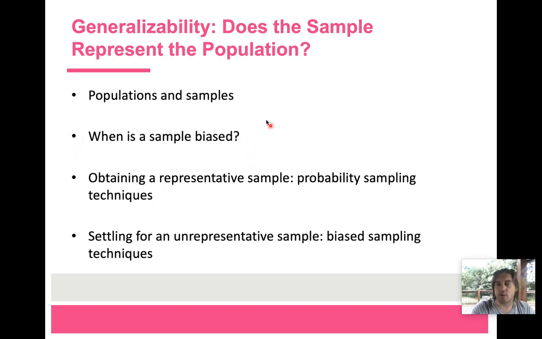And then we're going to answer the question, when are samples biased, by distinguishing between 2 major categories of sampling: probability sampling techniques, where the manner in which we procure participants has some element of randomness or probability to it, versus unrepresentative samples or biased sampling techniques. So we're going to take each of these issues in turn. We're going to spend the majority of this lecture on generalizability and these different types of sampling techniques.